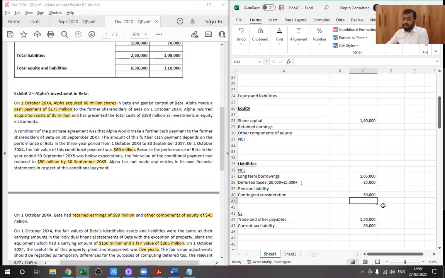Fair valuation of a contingent consideration. You have adjusted this balance sheet. Earlier it was 60,000. It is a write back of a liability. Logically, where should it go? Retained earnings, sir.